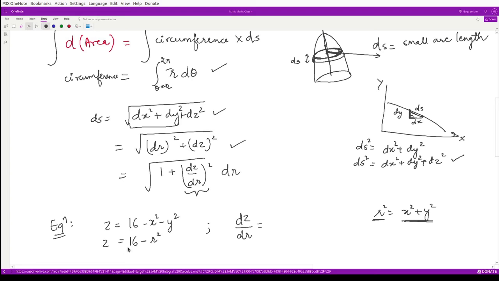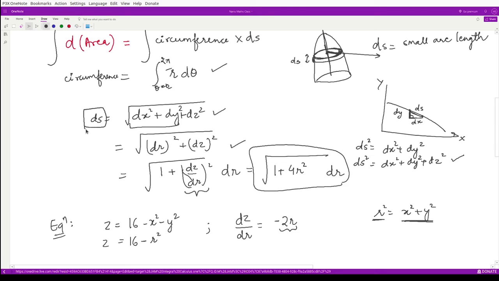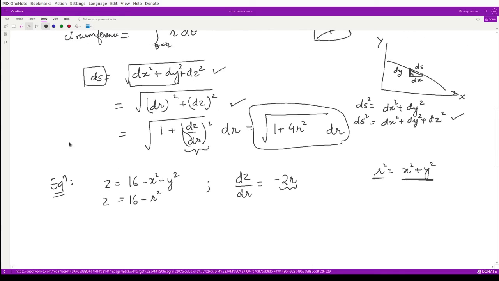When you take the derivative of z with respect to r, you get minus 2r. So this quantity becomes square root of 1 plus dz by dr, which is minus 2r, whose square would be 4r square, into dr. So we have this as the value of ds. We have ds, we have the circumference. So what is your area here?